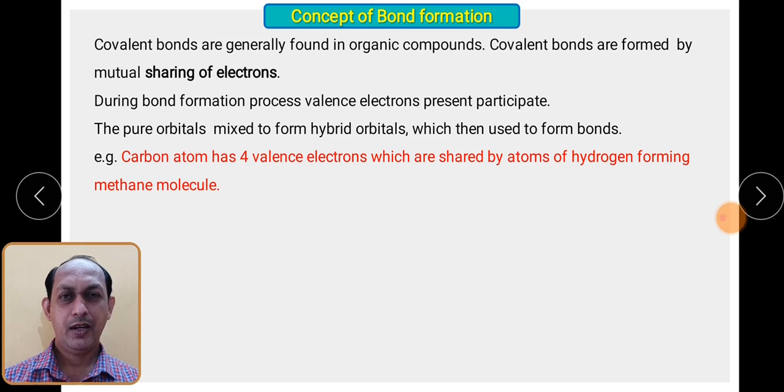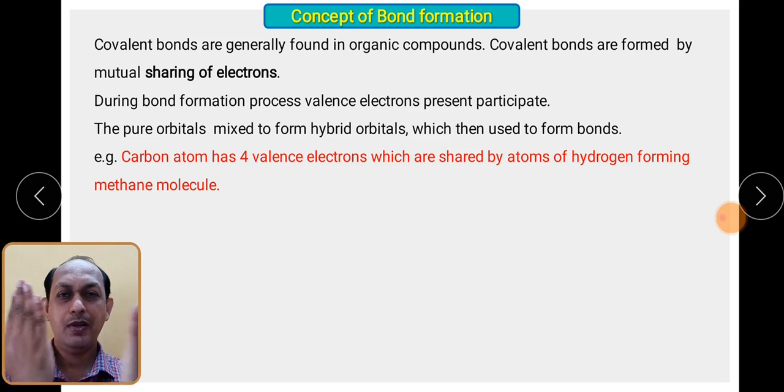As we know, electrons are located in orbitals, as you must have understood in the topic of atomic structure. The orbitals containing the electrons overlap either axially or laterally, and depending upon that they form sigma bonds and pi bonds. A sigma bond is formed by axial overlap of atomic orbitals where maximum overlap takes place, and that's why we say the sigma bond is quite strong.